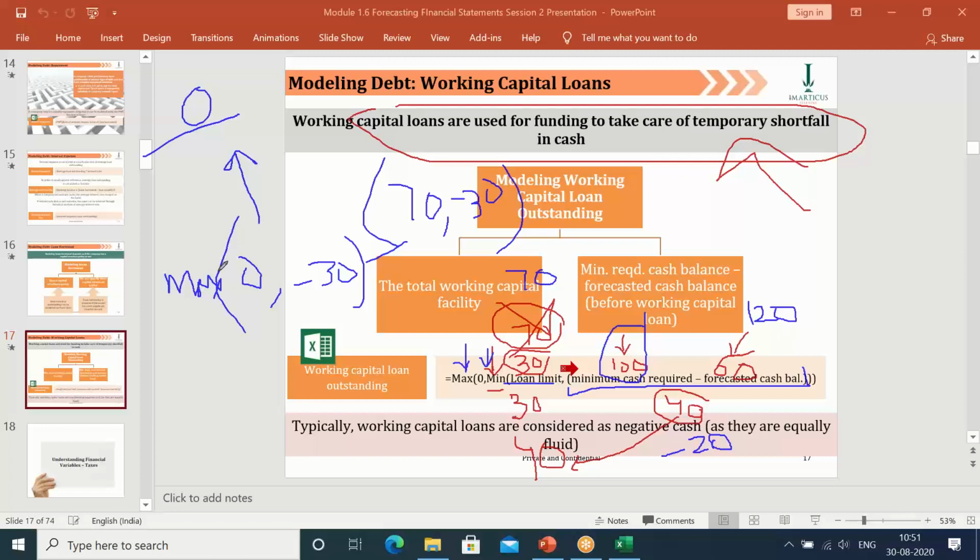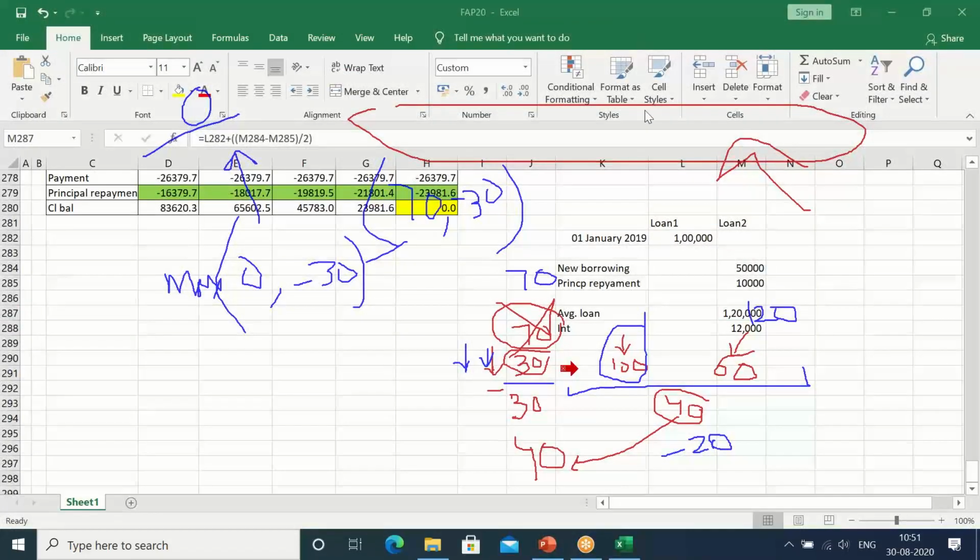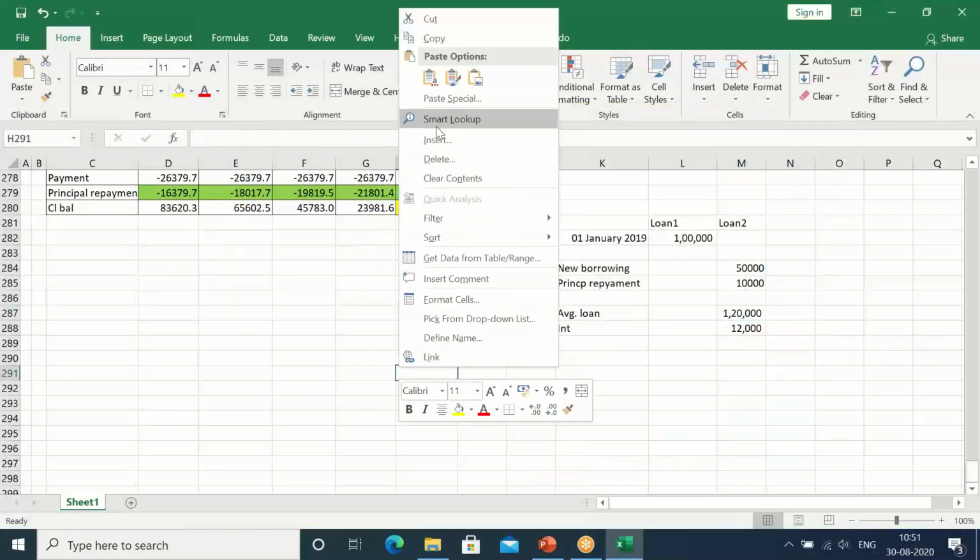So that is why 0 के साथ लगा के उसको maximum किया. So मैं इसको Excel में लेके जाता हूँ, आपको ज्यादा क्लियर समझ में आएगा. So let me remove this.